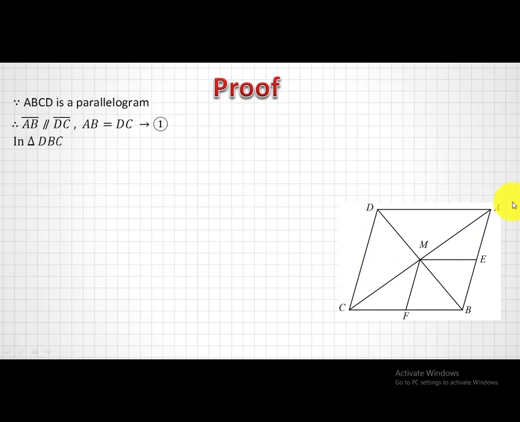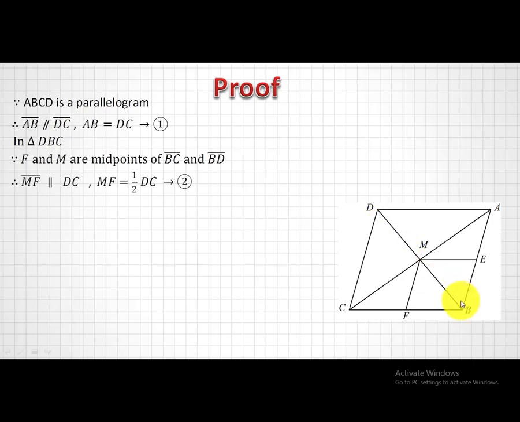In triangle DBC, since F is the midpoint of BC and M is the midpoint of BD, therefore line segment MF is parallel to line segment DC, and MF equals half DC, and this is number 2.